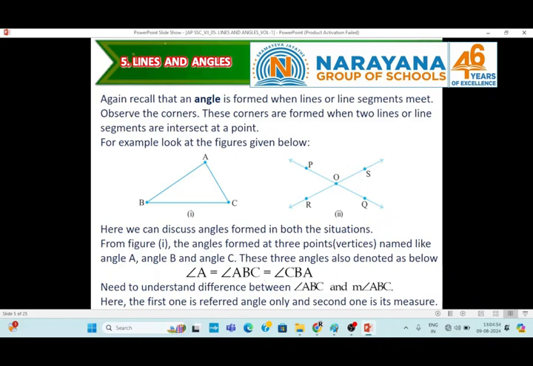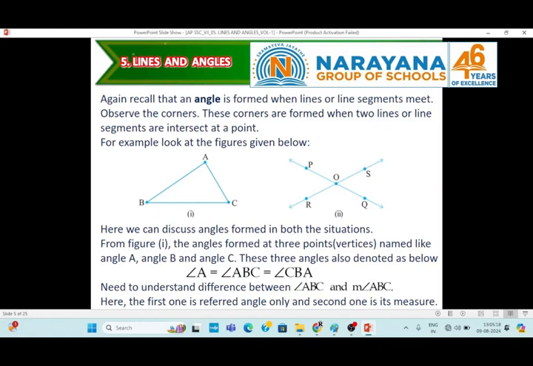Now we need to understand the difference between angle ABC and m of angle ABC. Angle ABC just refers to the angle itself, but m of angle ABC means the measurement of the angle, its measure.